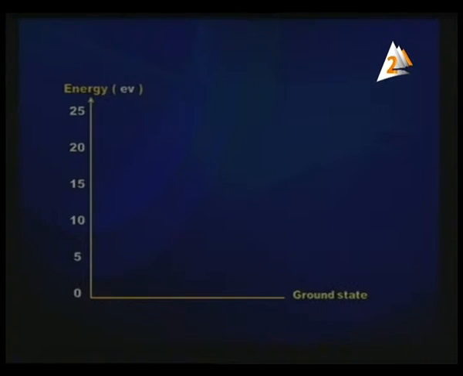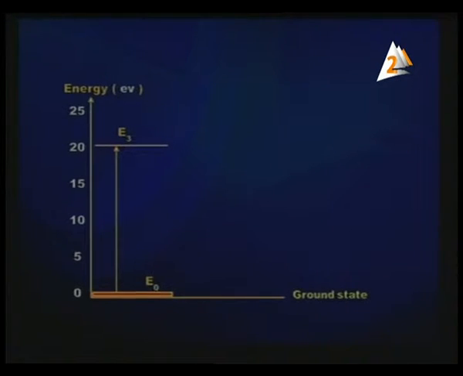In this particular laser, 4 energy levels are included in the process of producing laser. We've got E0, which is the ground state for helium and neon. And we've got E3, which is the metastable energy level of helium atoms.